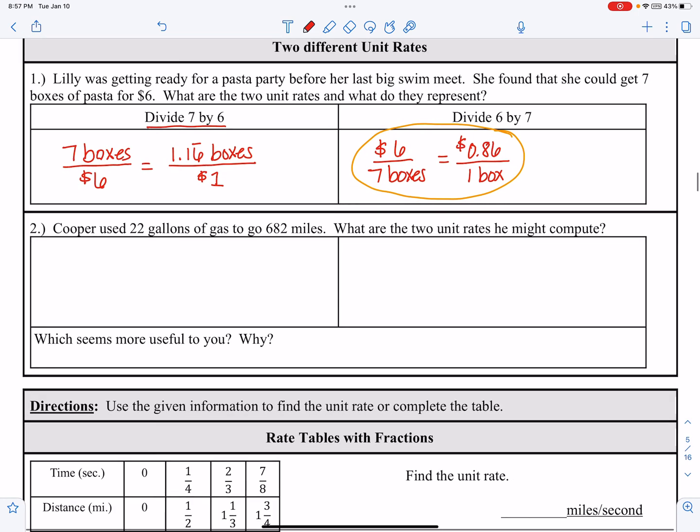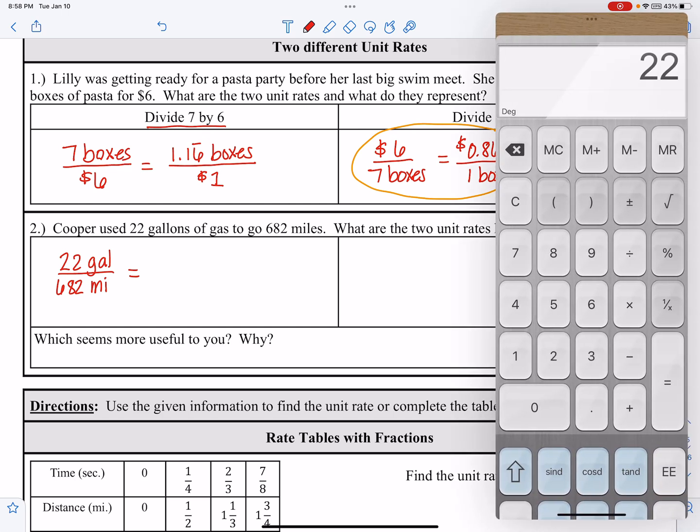We have Cooper uses 22 gallons of gas to go 682 miles. So let's go ahead and try both of those out. We can go ahead and do the gallons per mile first. So let's do 22 gallons for every 682 miles. Let's go ahead and find our unit rate for that. So it's going to be out of 1 mile.